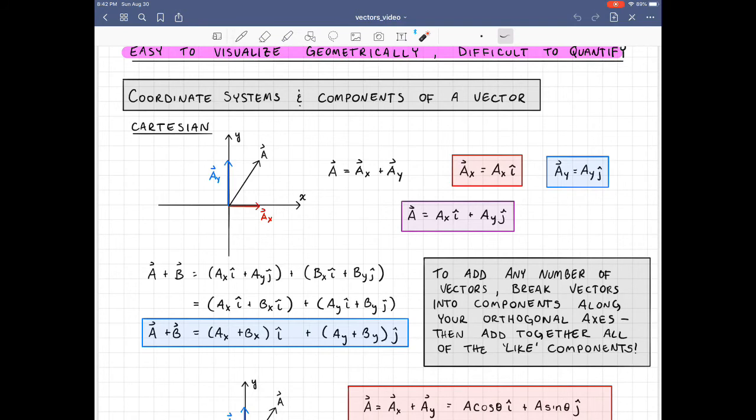Different textbooks will use different notation. i, j, k, for i for x, j for y, and k for z, is a common set of unit vector notations, but it's equivalent to x, y, and z. And so if you want to write our vector A in component form, you will just write A x i hat plus A y j hat. So all of these forms of vector A are the same thing. They're just different ways to write vector A.